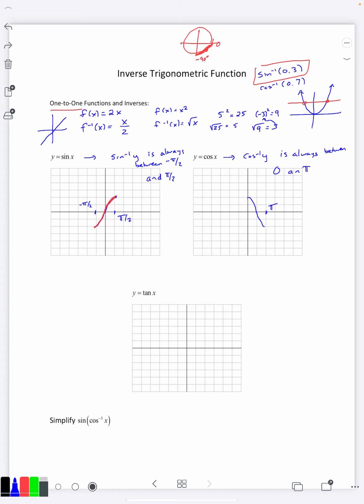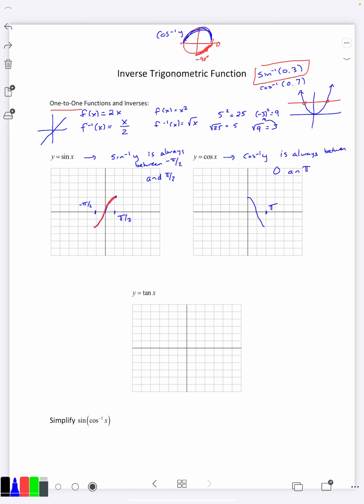Sine inverse, you're going to get the answer between negative 90 degrees and positive 90 degrees, whereas cosine inverse is going to give you the answer between 0 and 180 degrees. That means your cosine inverse is going to give you an answer somewhere on the top of the unit circle. What that means is if you're trying to find angles that are in quadrant 1 or quadrant 2, feel free to use cosine inverse without any issue.